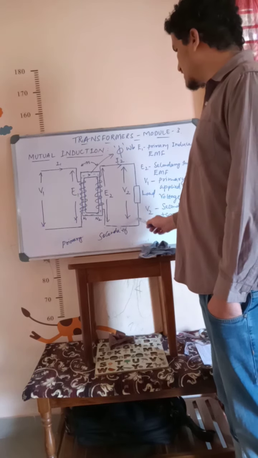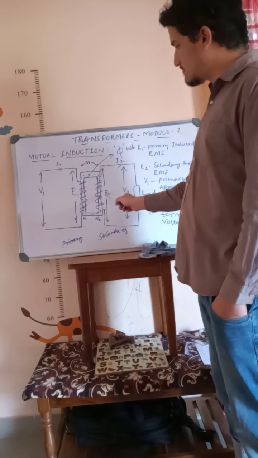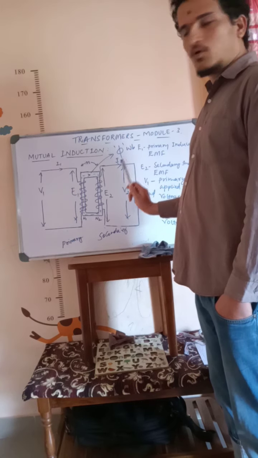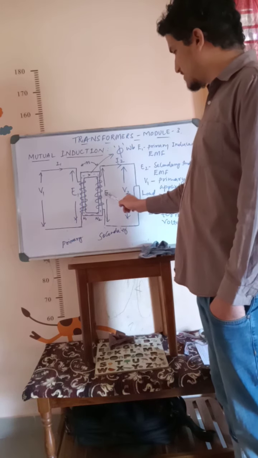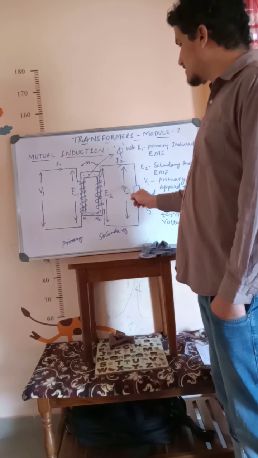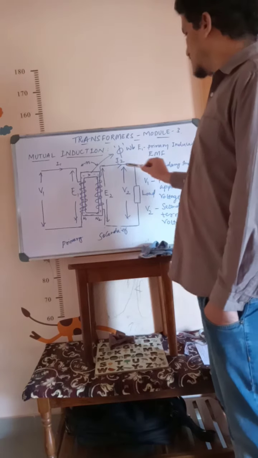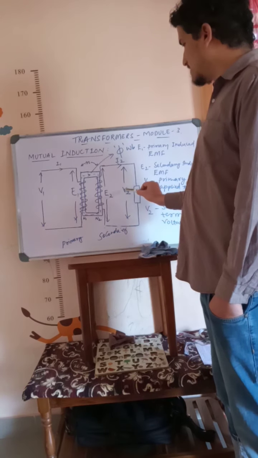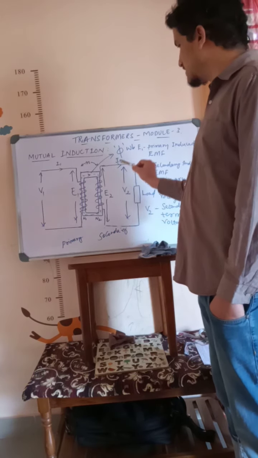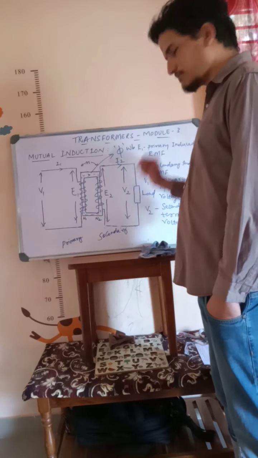If no load is connected, the open circuit voltage itself is E2. If load is connected, then it is V2. So if the circuit is completed, then it is V2. Otherwise it is E2 only, if it is open circuit.